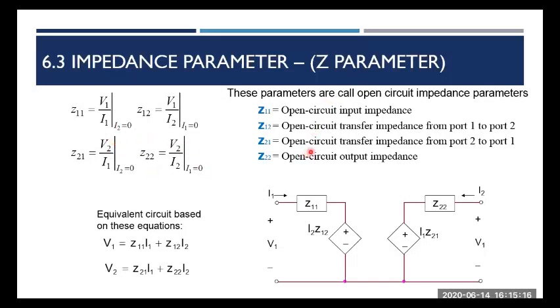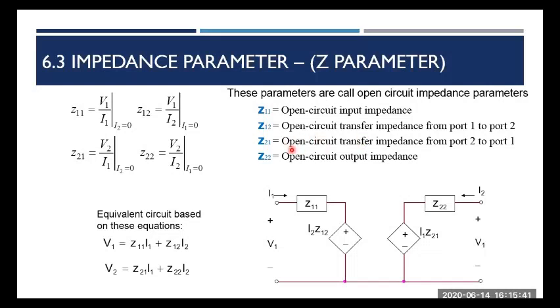Okay, so Z11 is actually the open circuit input impedance. Z12 is the open circuit transfer impedance from port 1 to port 2. So the notation you can see here, 1, 2, means it's from port 1 to port 2. Z21 is the open circuit transfer impedance, because Z is impedance, and the open circuit is how you want to do the analysis later.